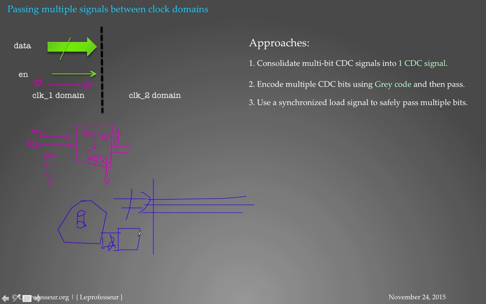Generate a load signal, register it, and then pass it to the receiving clock domain through a back to back flip-flop. Once you have this signal, it means that you can now use the data bus.